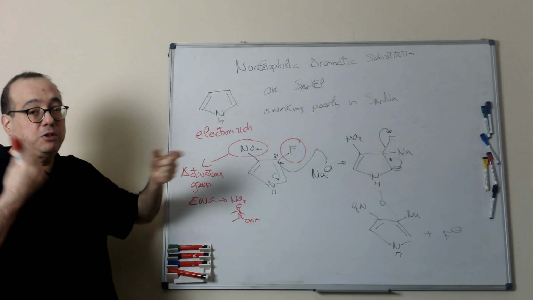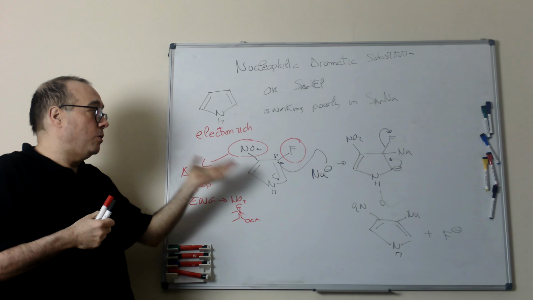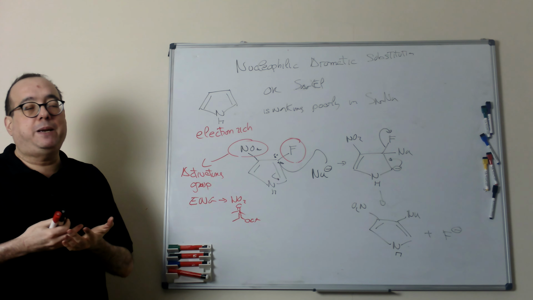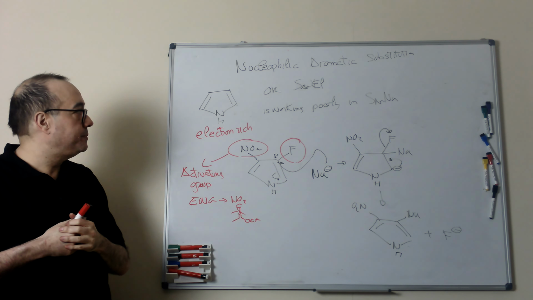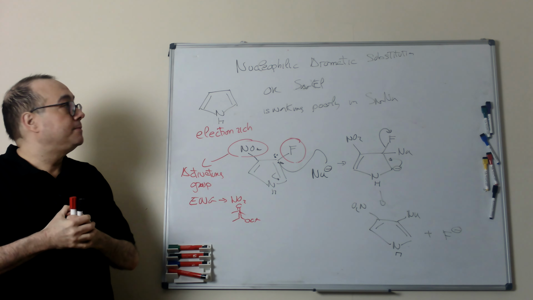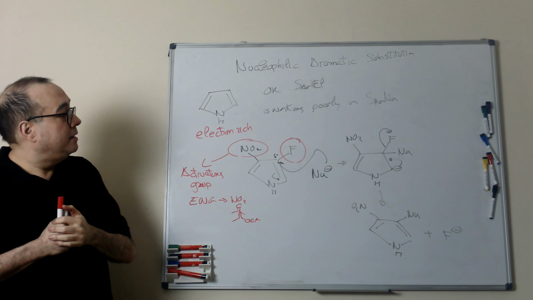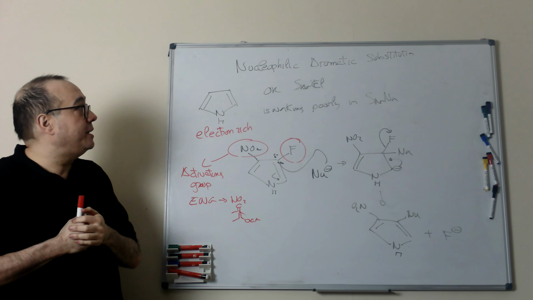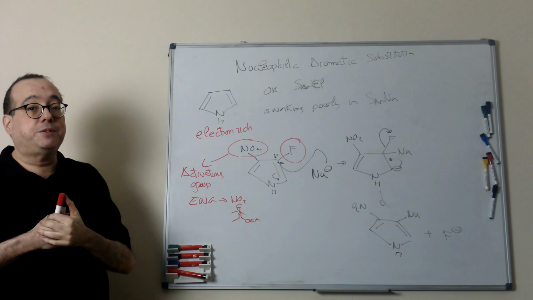These compounds are not good for the nucleophilic aromatic substitution. We can make this work, but it will never be a good substrate. Okay? This is the reason that these compounds are not working, or not working well, in the nucleophilic aromatic substitution, because they are electron rich.